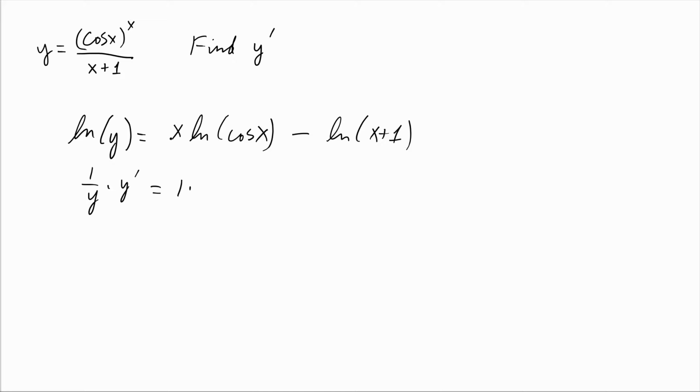So you have derivative of x is 1, then you have times the natural log of cosine x, using product rule, plus x times the derivative of this part, which is 1 over cosine x, but then you multiply by the derivative of the inside of natural log, which is negative sine x. And then over here, derivative of that is just minus 1 over x plus 1.